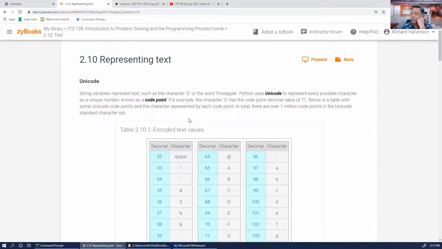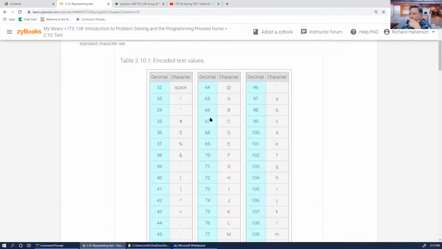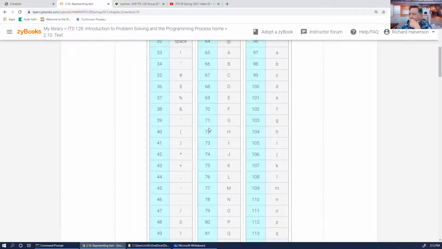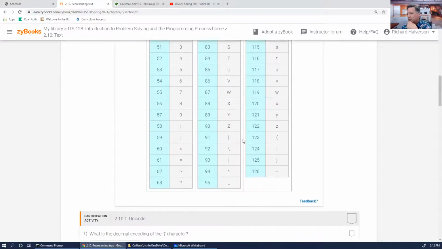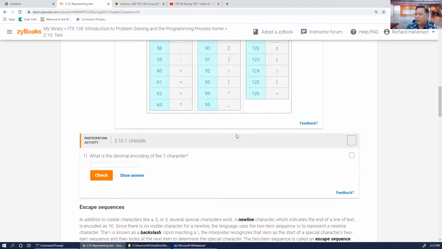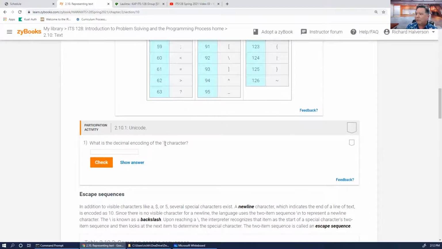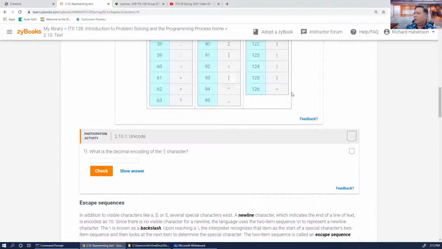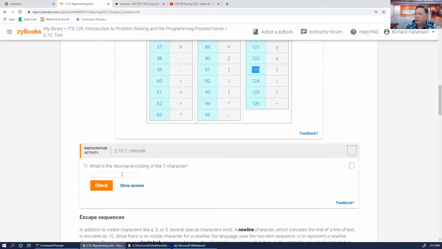And characters are coded as numbers, 7 bits, so what is the decimal encoding of the left curly? Well, it's 123, it looks like. 123. See? All right.